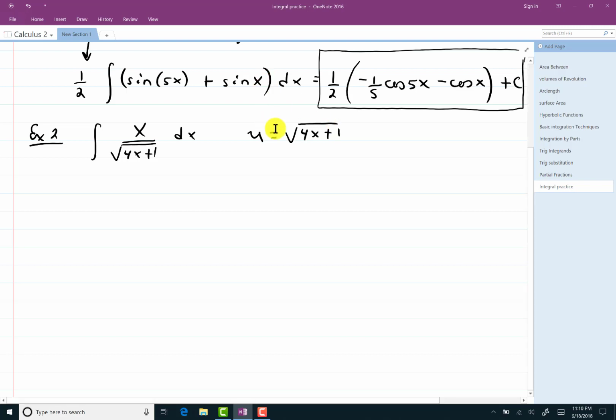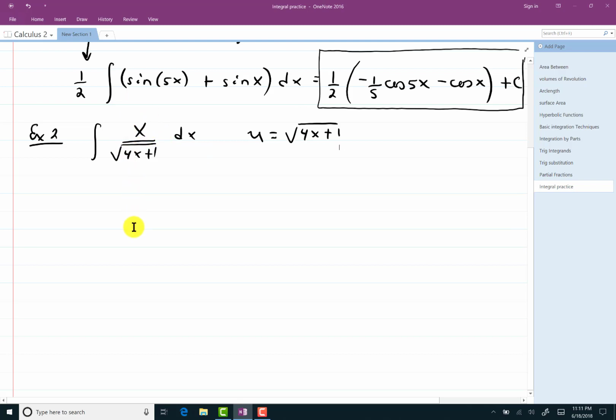Now, right here is sort of weird because if I take du, I'll get 1 over 2 radical 4x plus 1, and then I'll get dx. Well, I have that here. The only problem is that between my u and my du, an x never appears.